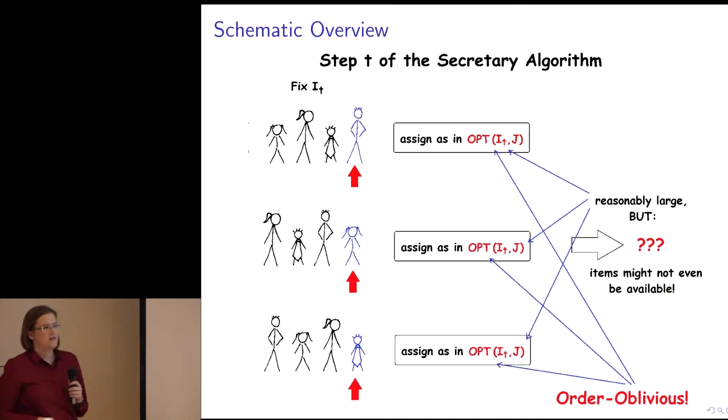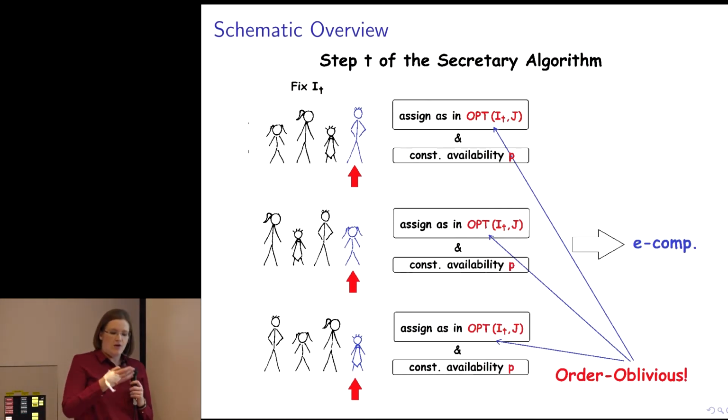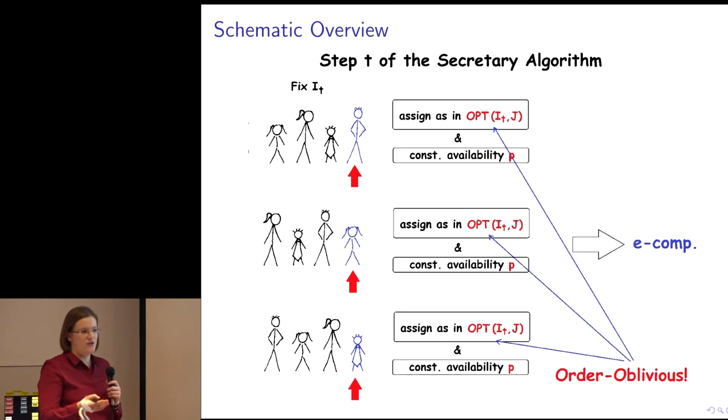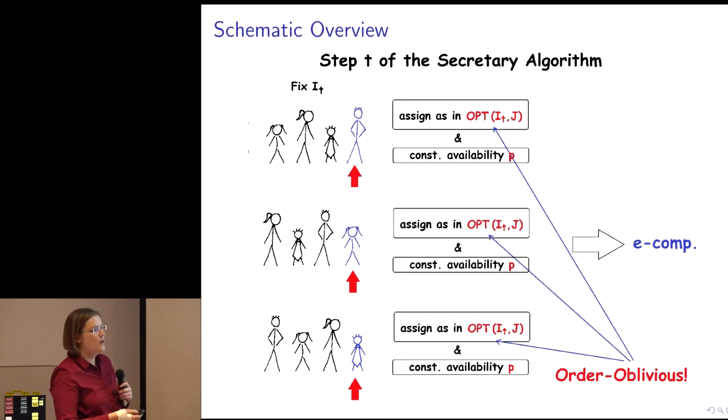So we had this problem here, and this is the way it's fixed in the proof. We do the assignment according to a reasonably large matching, and every edge in that matching is considered with a certain probability, but also there's a constant probability that this works every time, which in turn just gives the E-competitive ratio.